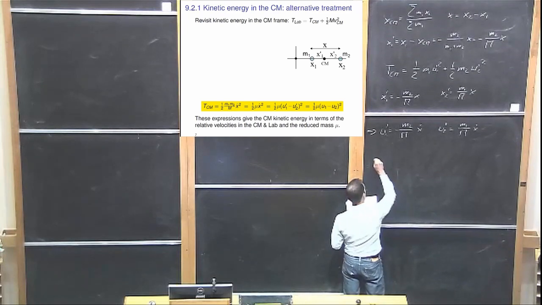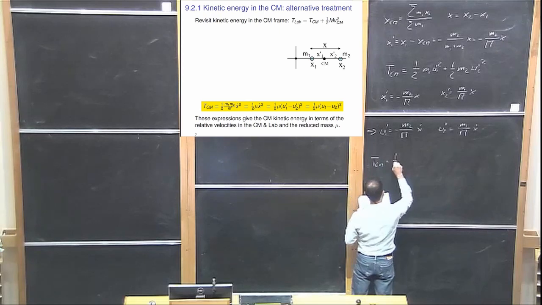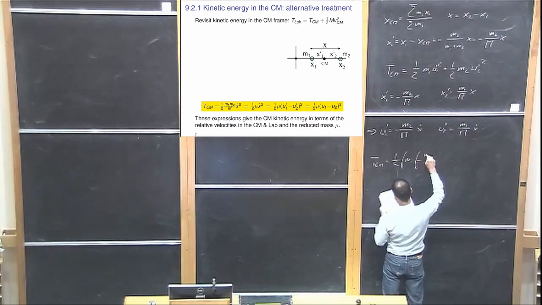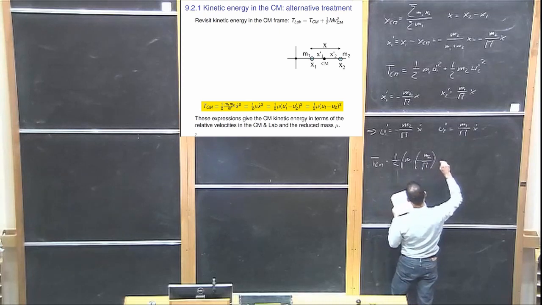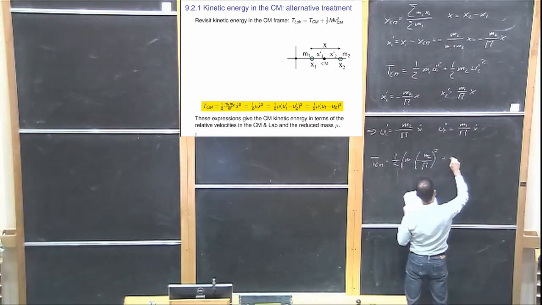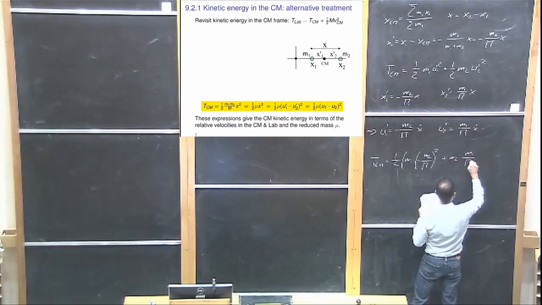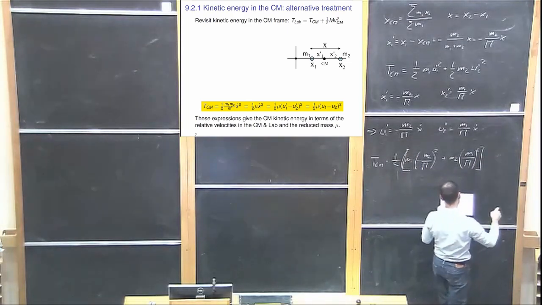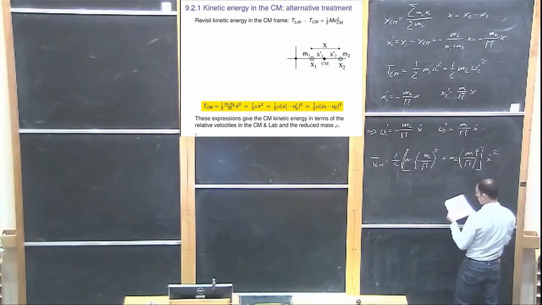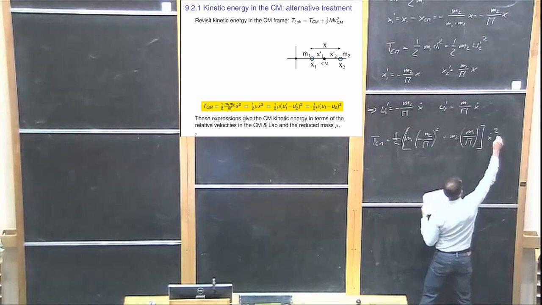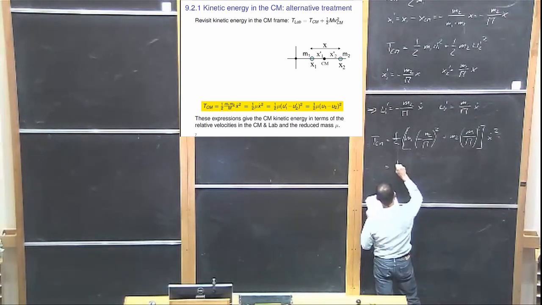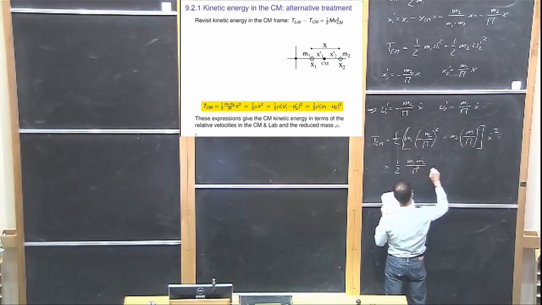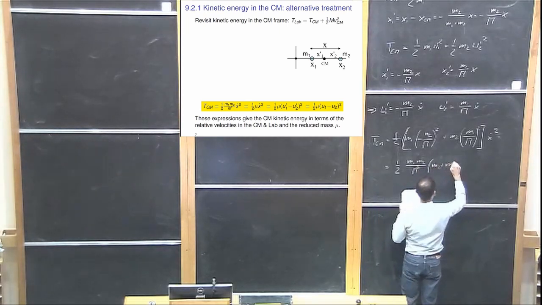We use that to get T_CM. T_CM equals 1/2 m1 times minus m2 over M squared plus m2 times m1 over M squared, using these brackets, x dot squared, equals 1/2 m1 m2 over M squared times m2 plus m1, x dot squared.